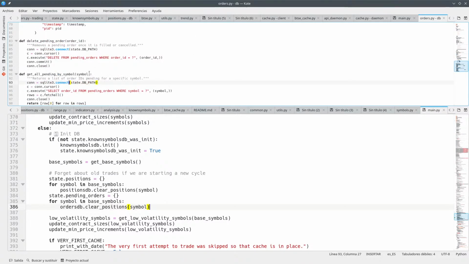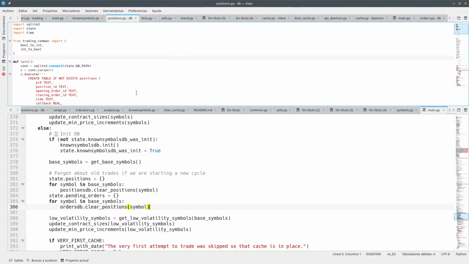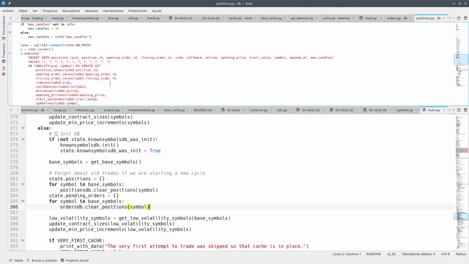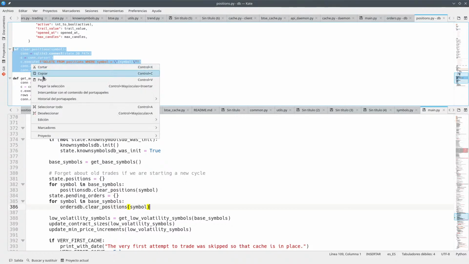Apparently it has not replicated the positions.py properly. So clear positions. I mean, it's not very complicated, if you ask me.